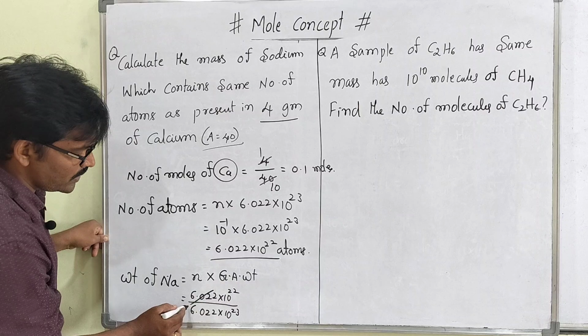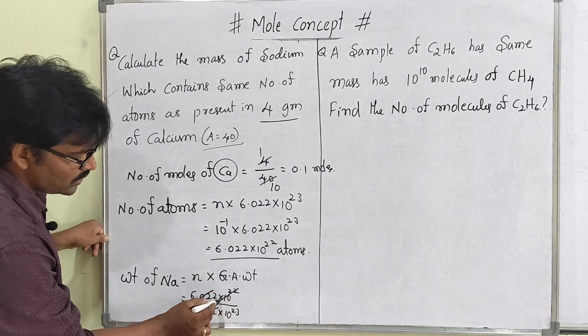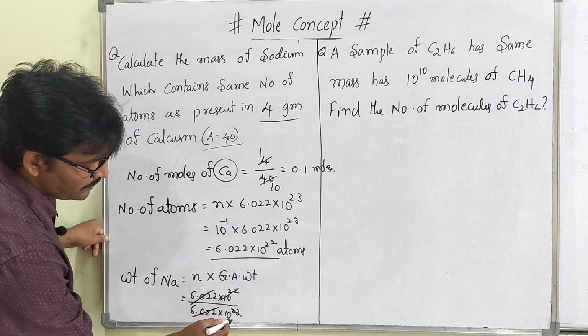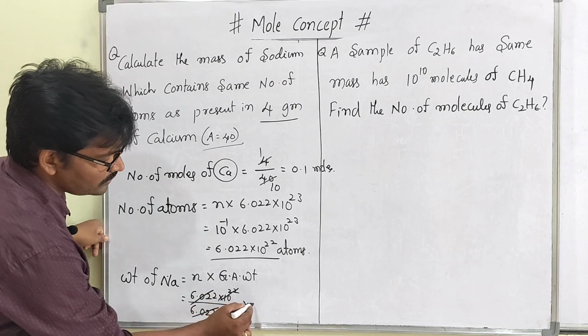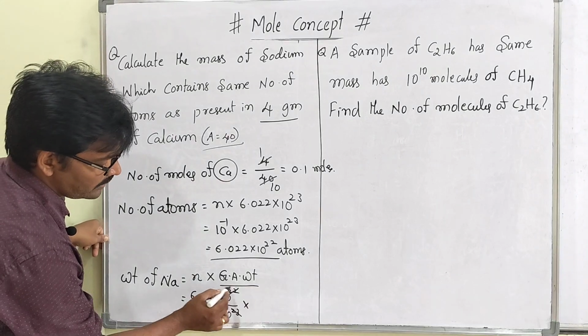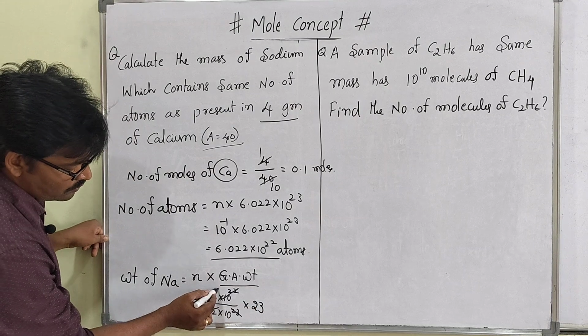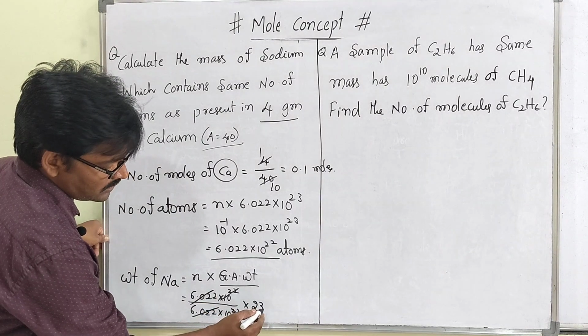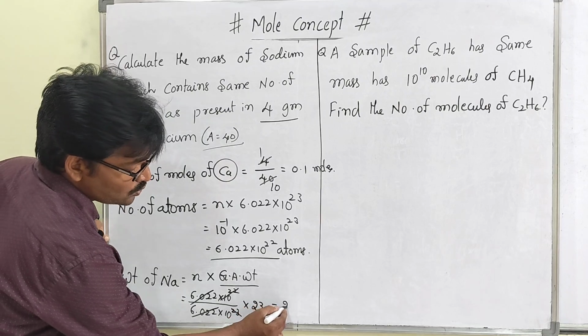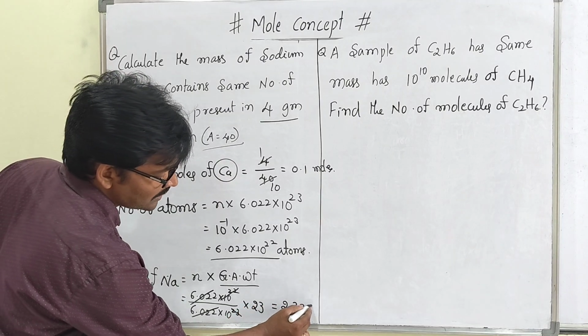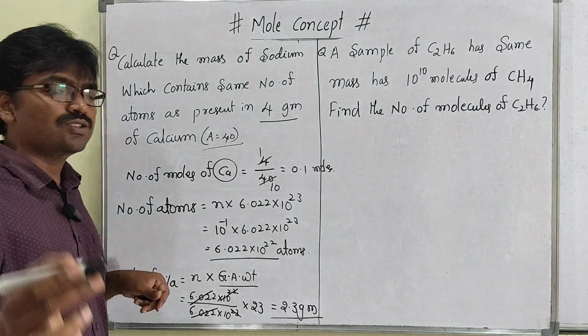Clear, my dear students? 1 by 10 into the gram atomic weight of sodium, how much? 23. Then you get 1 by 10 into 23, so you get 2.3 grams. Clear, my dear students? Understand?